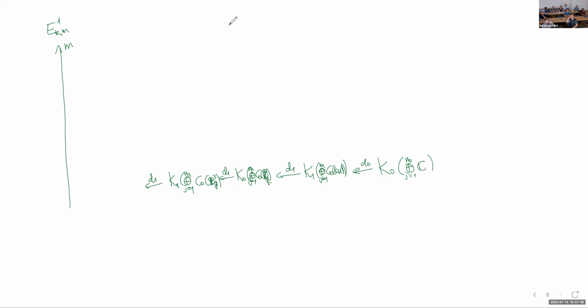Now, at the next place, we add 1 to the K theory, and that becomes K0 of an interval, 0. This is very convenient. Then it repeats by Bott periodicity. K1 plus.